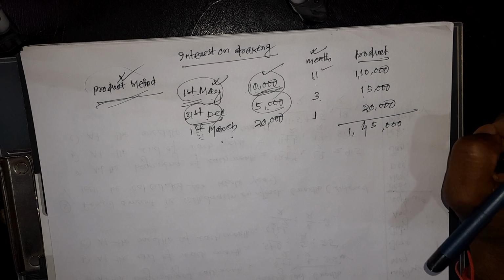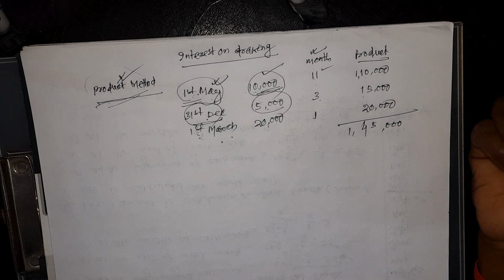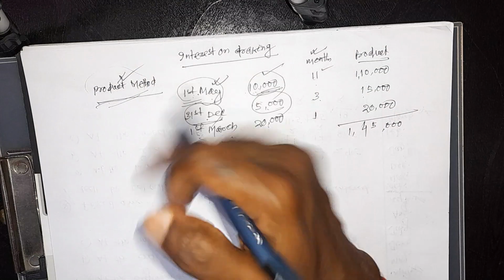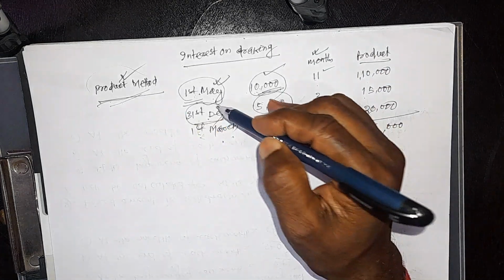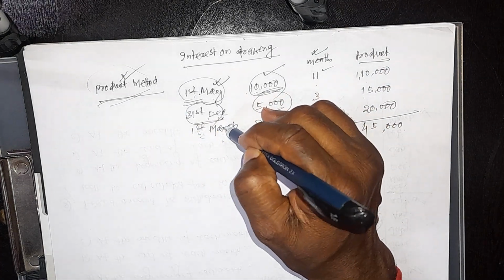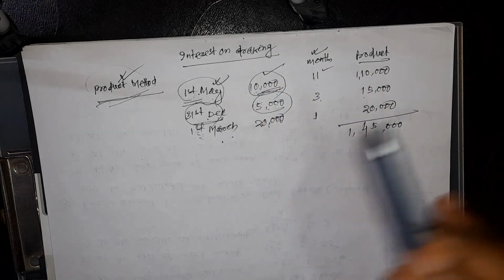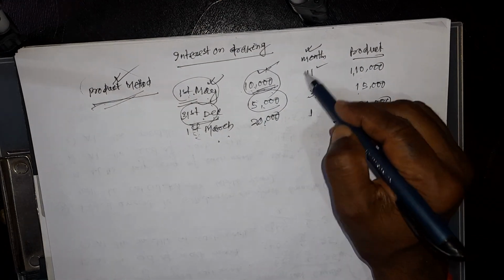Suppose quarterly, that means the first 6 months, last 6 months, that I explained a few minutes ago. There you will see the time interval is equal. But under the product method, the time interval is not equal, and the amount is also different. So in these cases, you will use the product method. Product means you will multiply the amount into months.